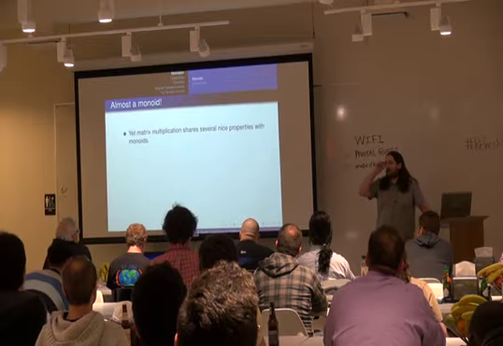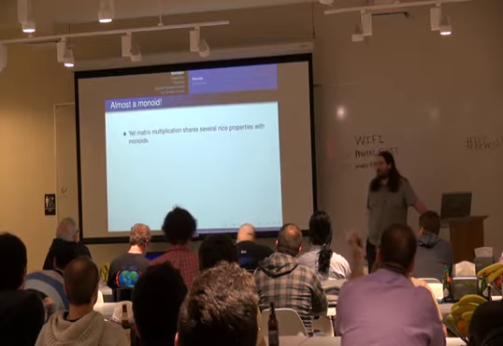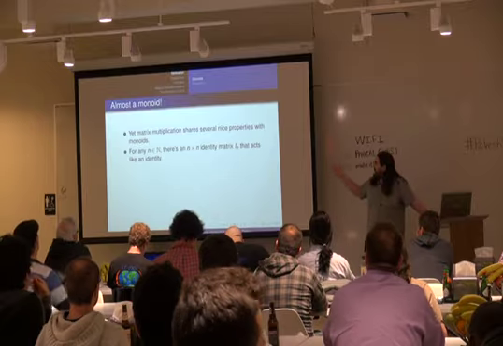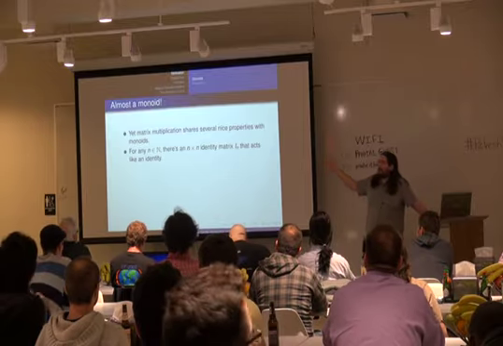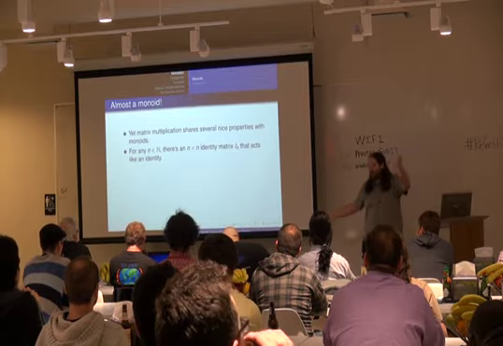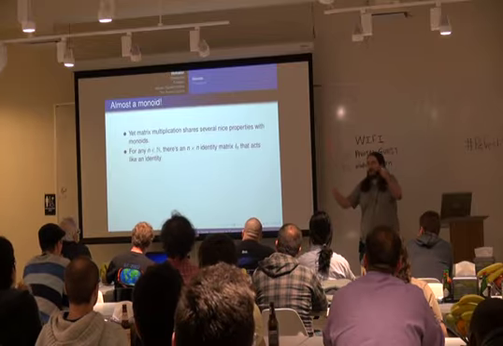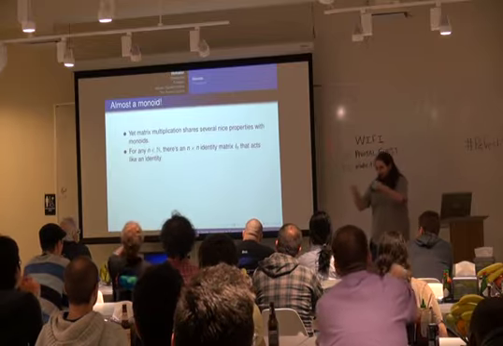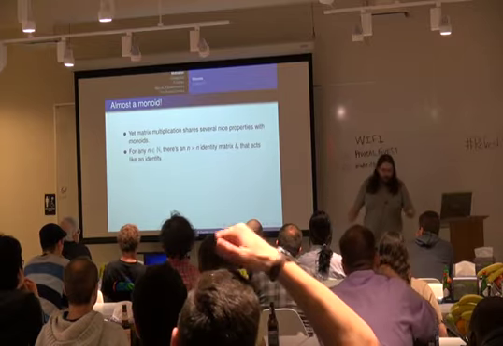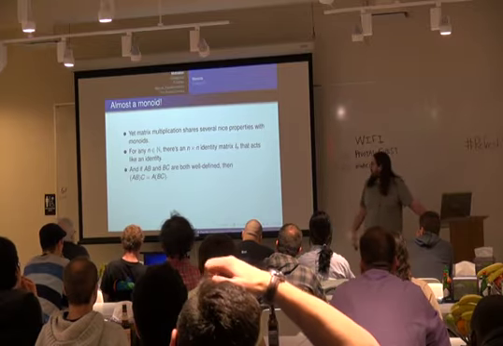But it's sort of got a lot of other nice properties that monoids have. You have, well, maybe not a single identity matrix, but you've got a family of identity matrices, and each one works like an identity. If you multiply something with it and it's well defined, then you get back what you started with.